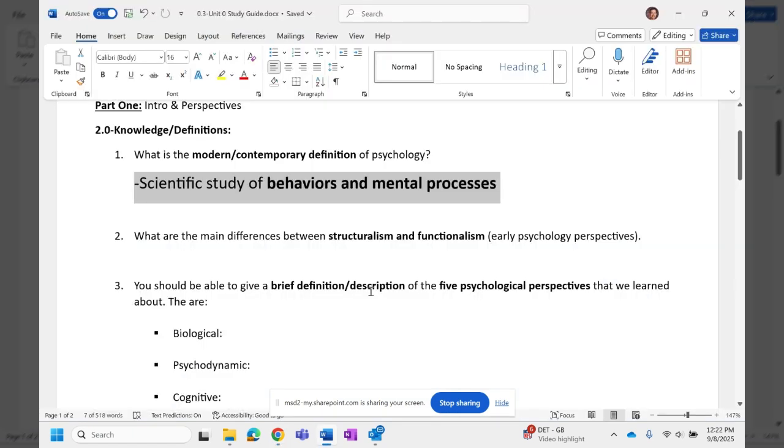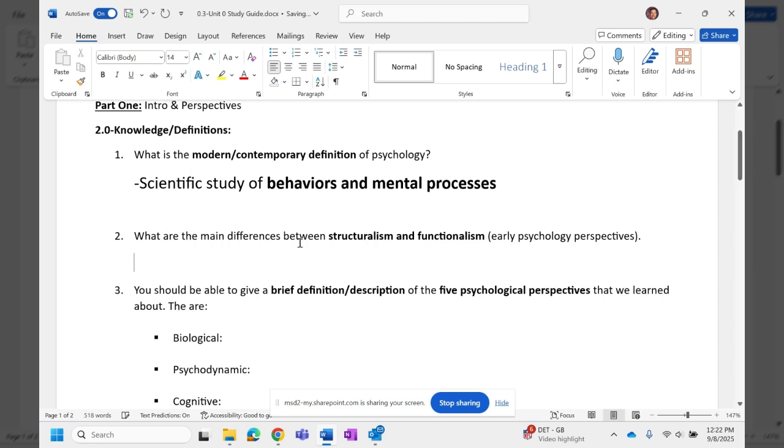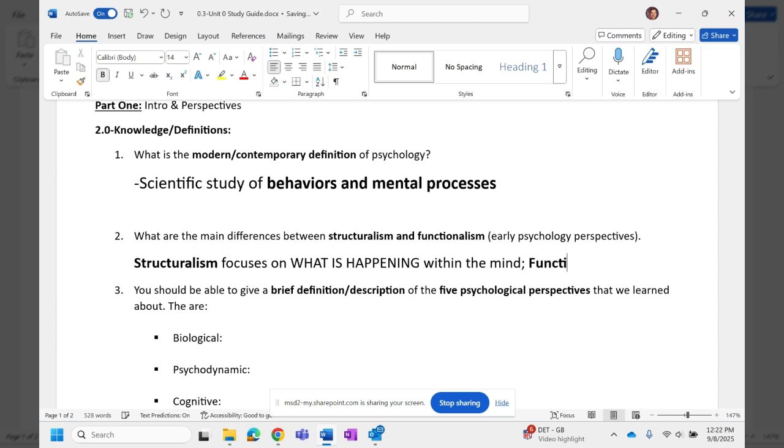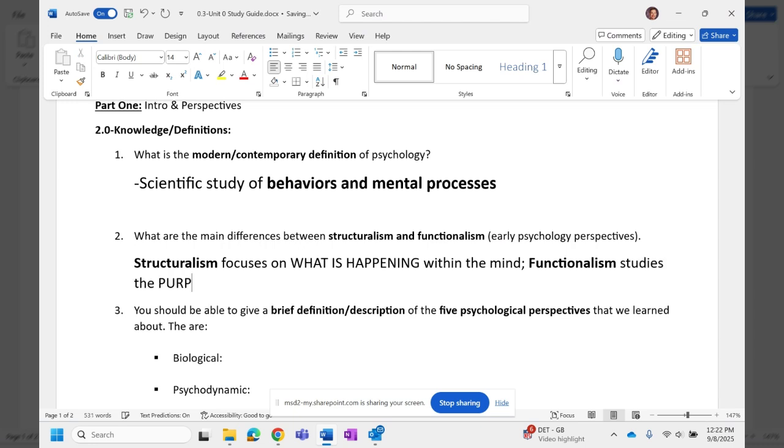Okay. Main difference between structuralism and functionalism. Those are the early psychological perspectives. What we talked about is how structuralism focuses on what is happening, or the structure within the mind, like what is the mind, how are people thinking about things, whereas functionalism studies the purposes of behavior.